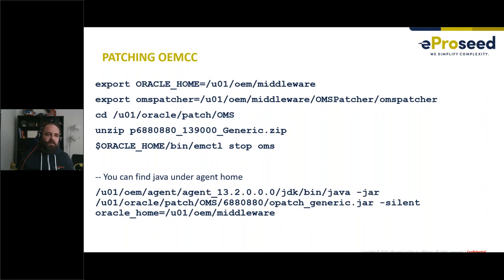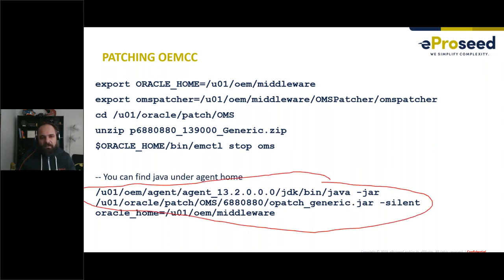We need to download the OMS Patcher, put it in a folder, and just unzip it in the regular folder. For OPatch, because we need to upgrade both utilities, it's quite different. We need to use Java like I am using here.